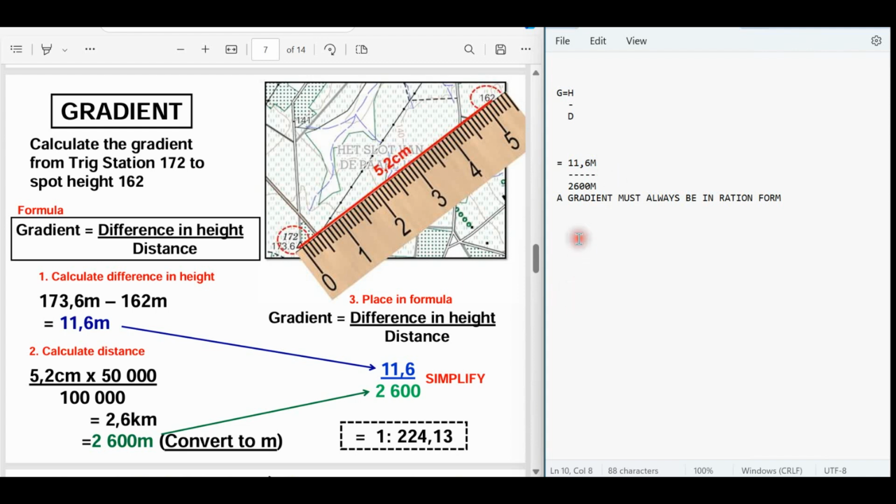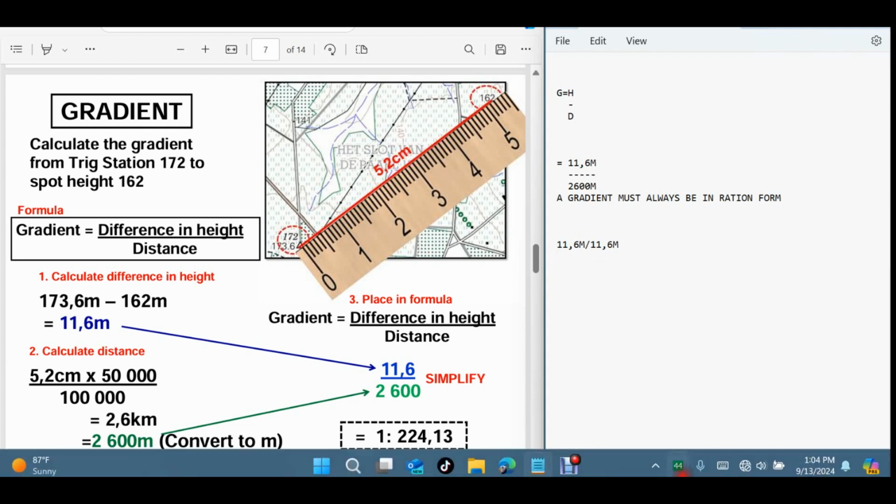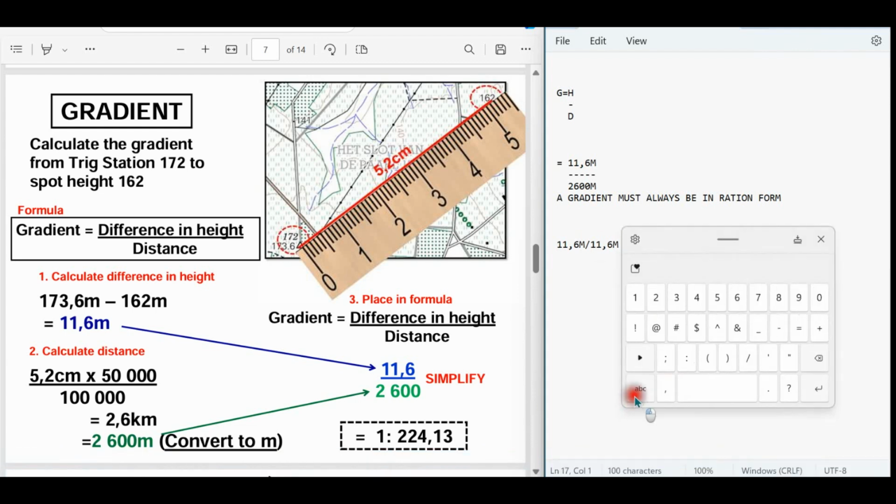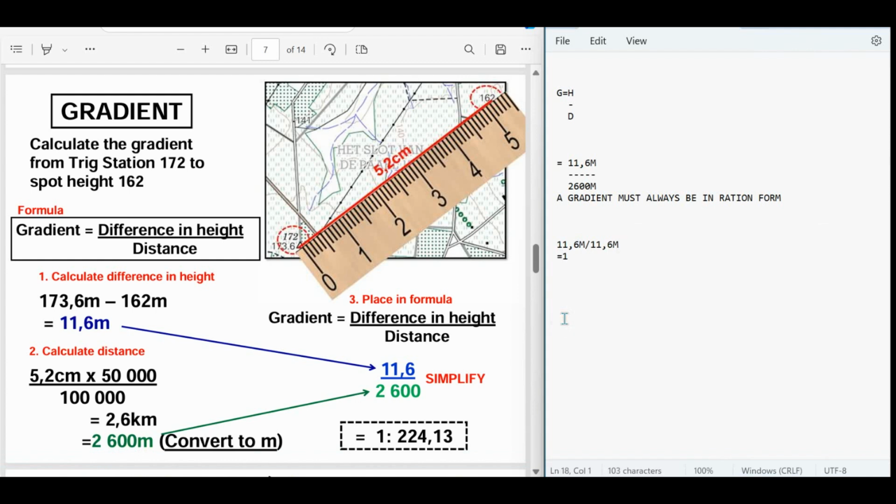So 11.6 meters divided by 11.6 meters cancel each other and the answer is going to be 1. Isn't that correct?